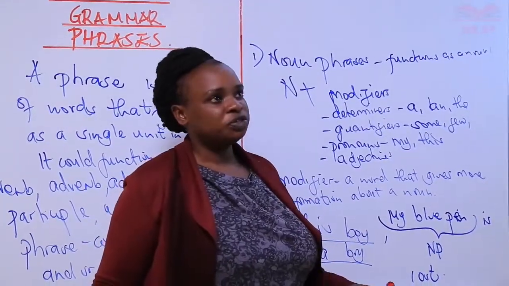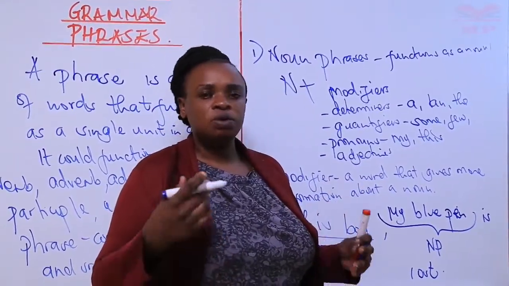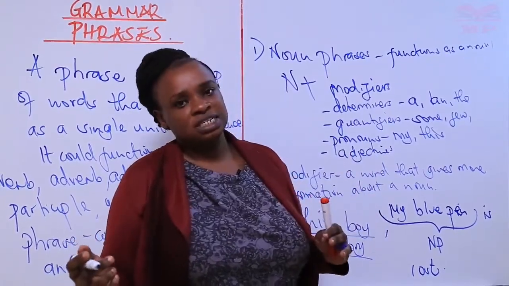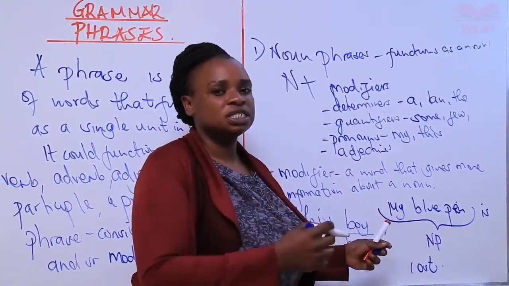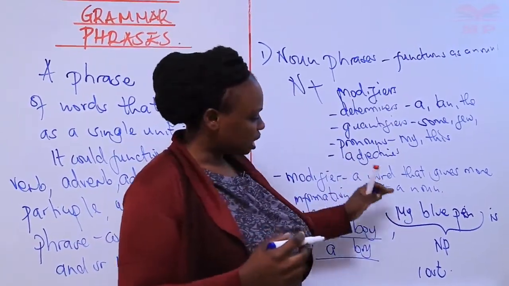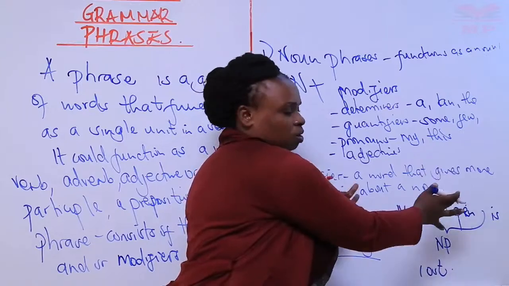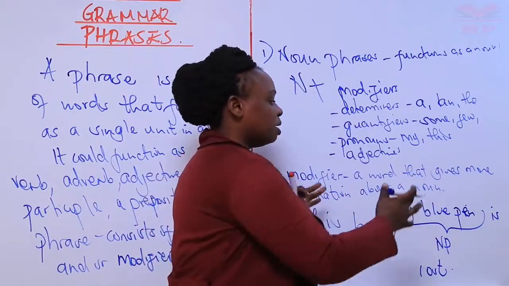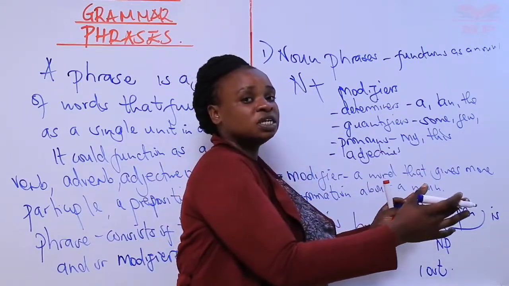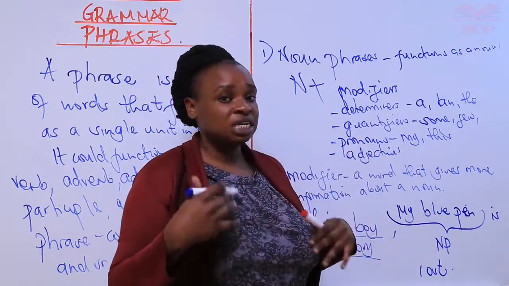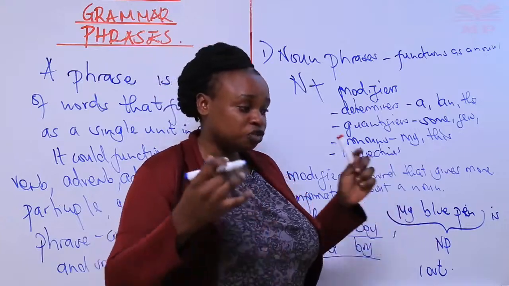Now, we'll look at a lesson where we'll be looking at the functions of nouns in sentences. And nouns can function as the subject, the object. And when we'll be looking at that, you'll now understand how it functions as the what? The noun in the sentence. The noun functions as a performer of an action or the receiver of an action in a sentence. So today, we're just looking at phrases and reminding ourselves, because I'm assuming that you've already learned about it.